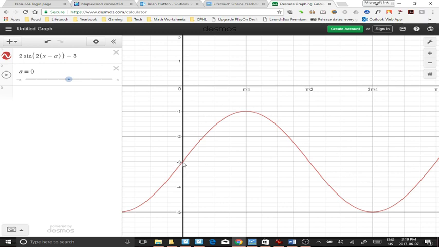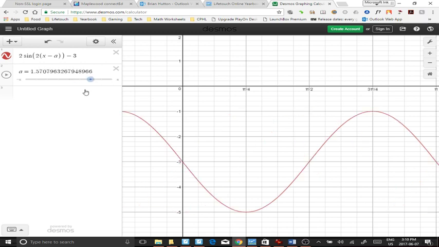It starts on the midline, goes high, comes low, goes all the way low, and comes back to the midline. But because we're shifting it pi over 2 units to the right, it actually physically moves the graph to the right. And I understand that right's this way for you guys. It moves it to the right, pi over 2 units.